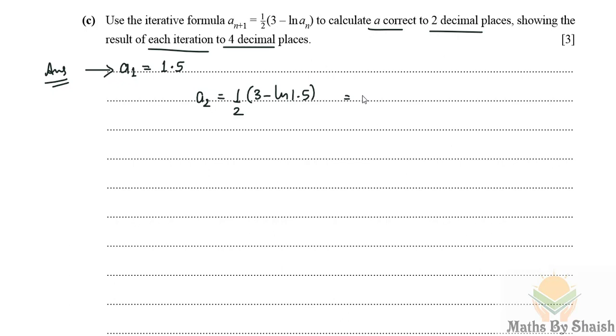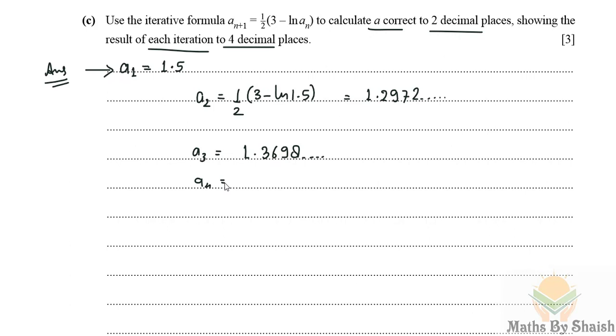So let's calculate this, and this value, till 4 decimal places, is 1.2973 and so on, and hence the next value a3 would be 1.3698 and so on.